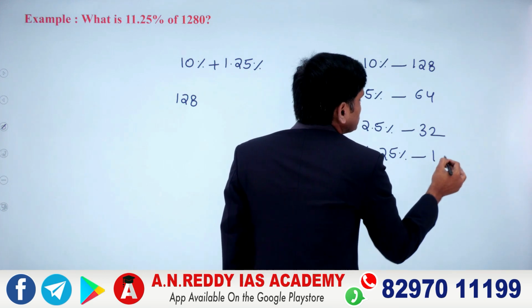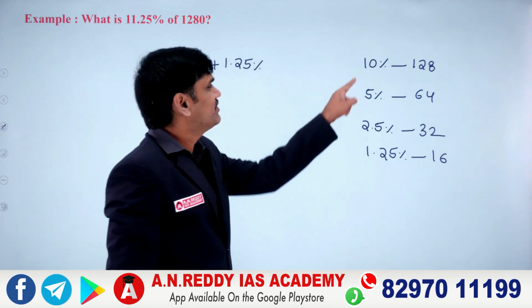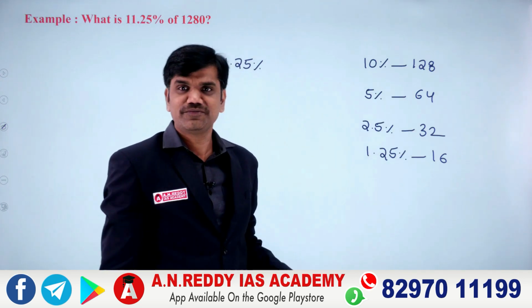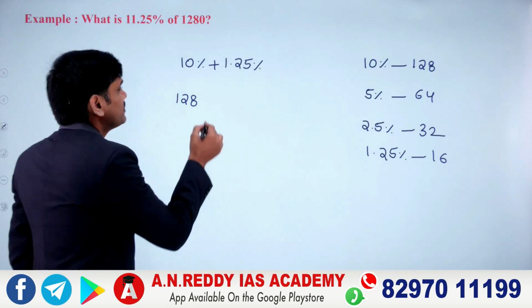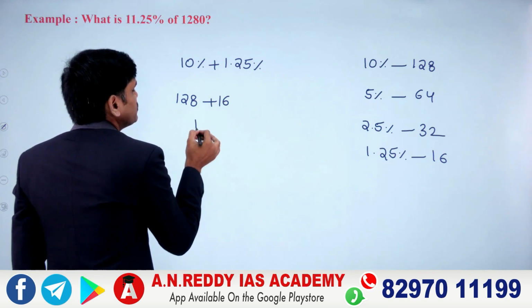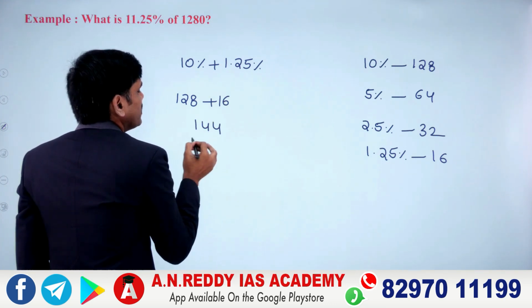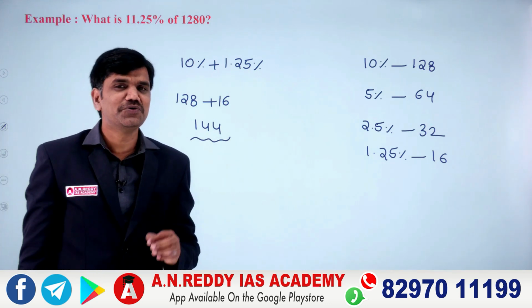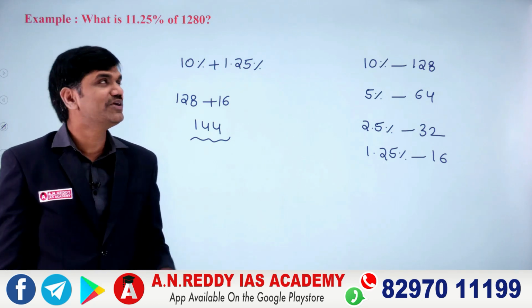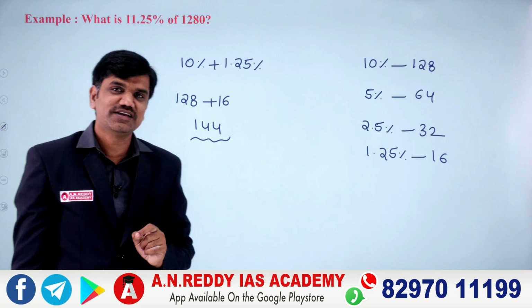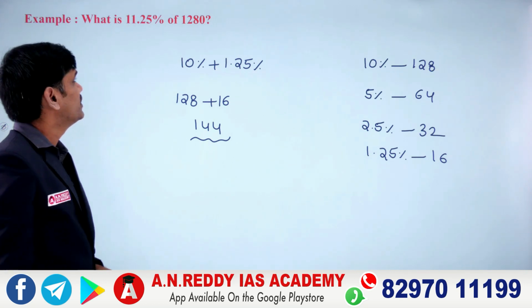That will give you 16. So what exactly did I do here? Every time I took half. Is that clear? Chalo. So add 16 to that. 128 plus 16 should give you how much dear? 144. See, once you understand this technique, you don't even need to put pen on the paper to get the answer for that. Please remember this. Is that clear? Chalo, let's go ahead with the next one.